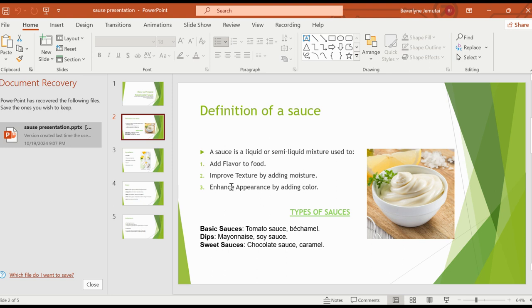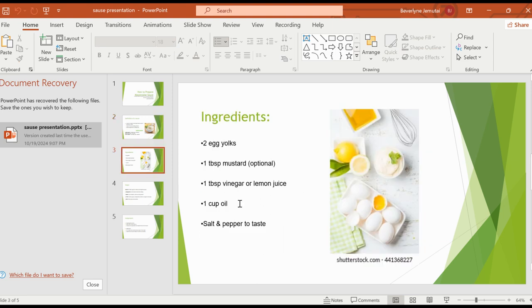Okay, that's a few, but we have many; we've just mentioned a few, because we also have tartar sauce, we have gravy sauce. Sauces are many. We have Hollandaise sauce, but we have just mentioned a few of them.